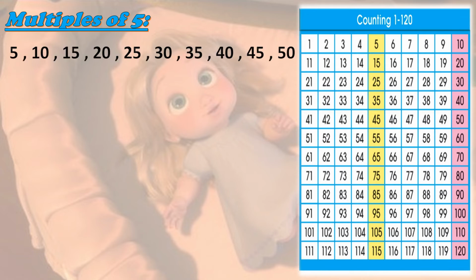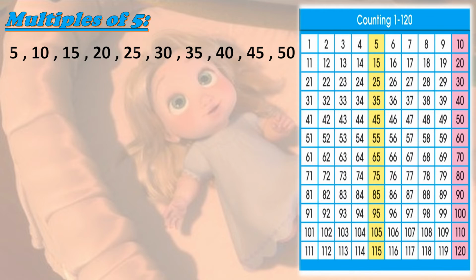So here are the first 10 multiples of 5. I have 5, 10, 15, 20, 25, 30, 35, 40, 45, and 50. Okay, look here at what you will see.